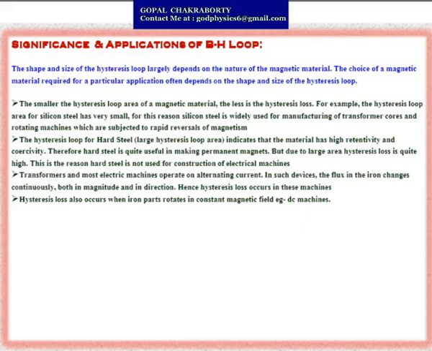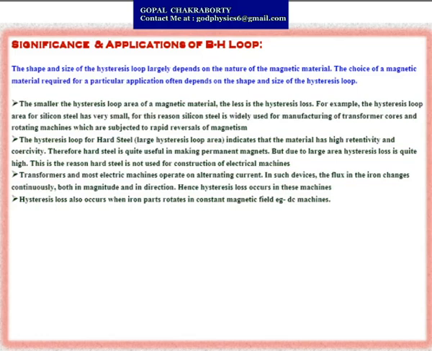The hysteresis loop for hard steel indicates that the material has high retentivity and coercivity. Therefore, hard steel is quite useful in making permanent magnets, but due to the large area, the hysteresis loss is quite high. This is the reason hard steel is not used for construction of electrical machines.